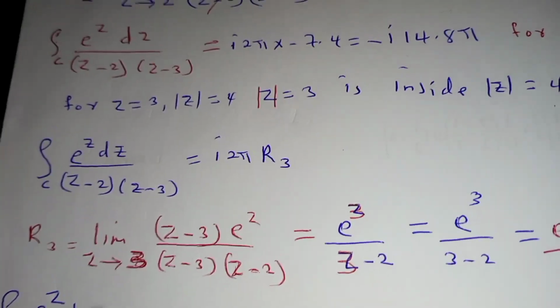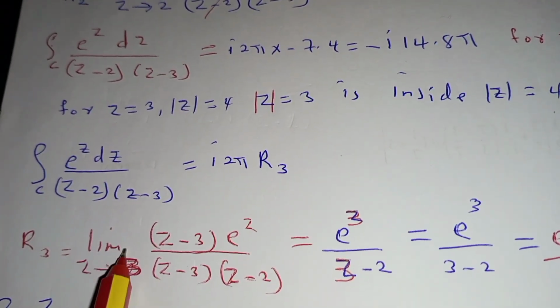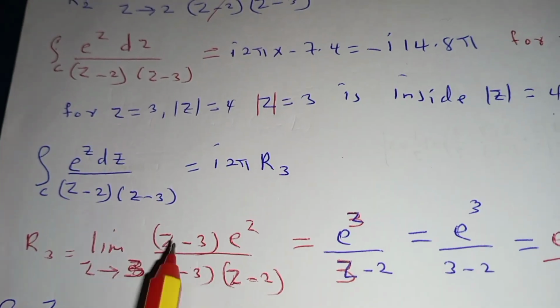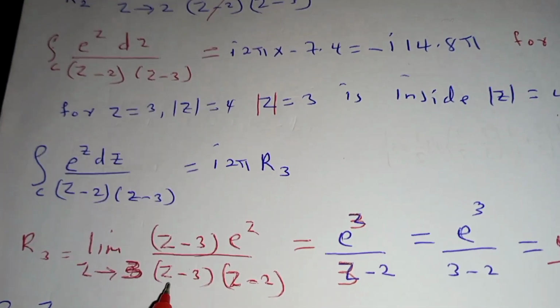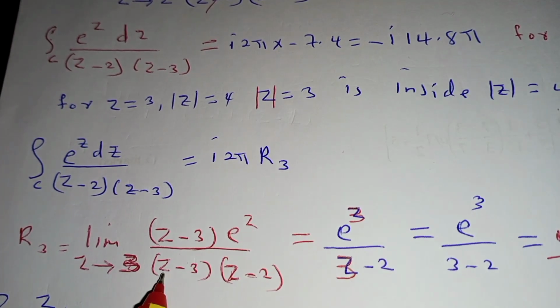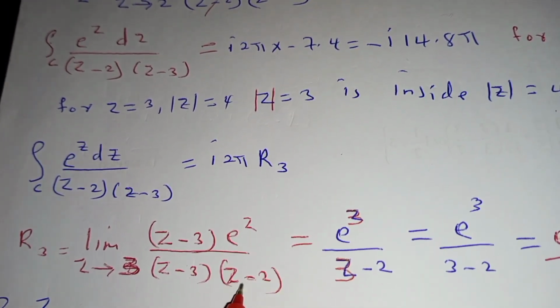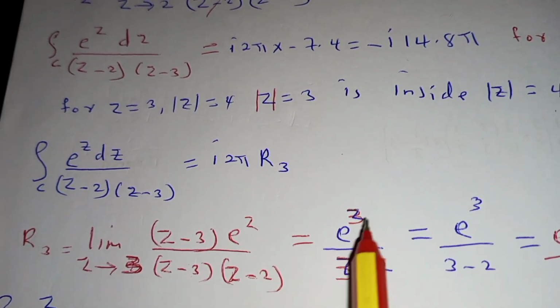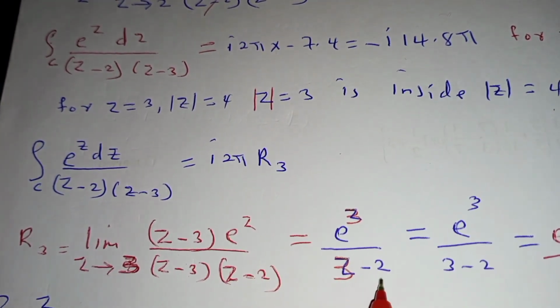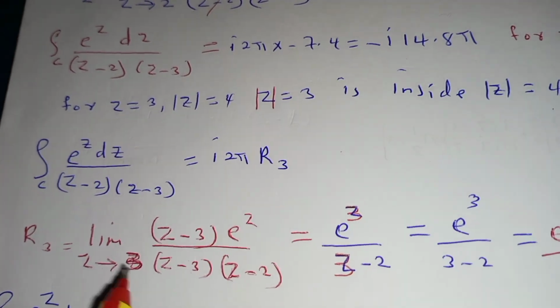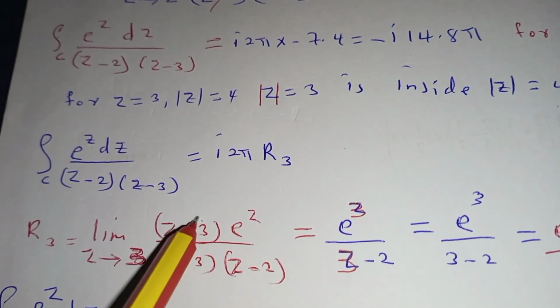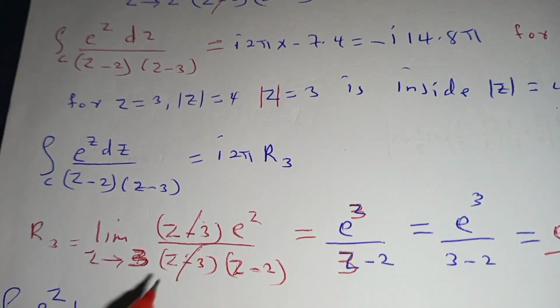Then we calculate the residue, which is given by limit as z tends to 3 of z minus 3 divided by z minus 3 exponential z divided by z minus 2, which is equal to exponential 3 divided by 3 minus 2. After simplifying, this part cancels with the other one.